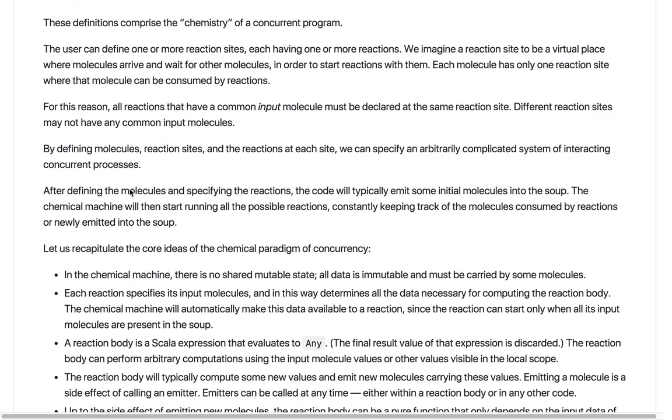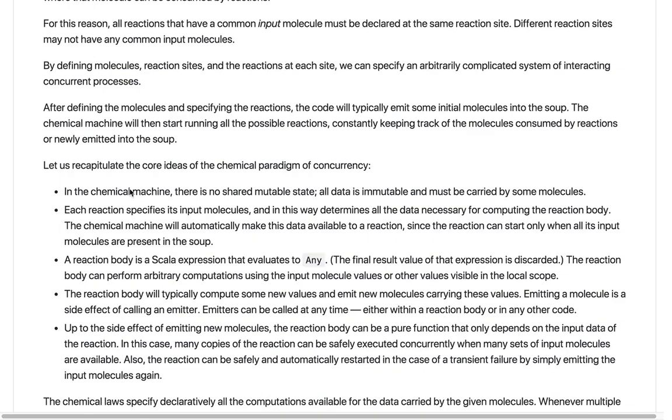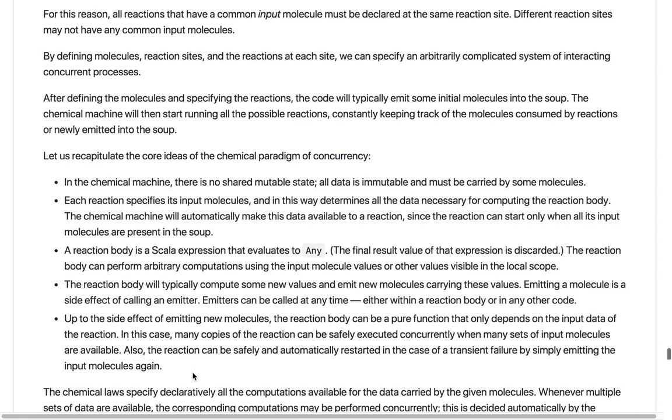Any place in the code we can emit molecules, refactor this in any way as is convenient. I summarized some more details here, but let me skip this. You can read this chapter in more detail later.